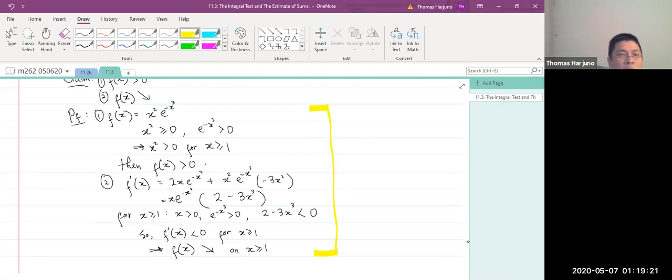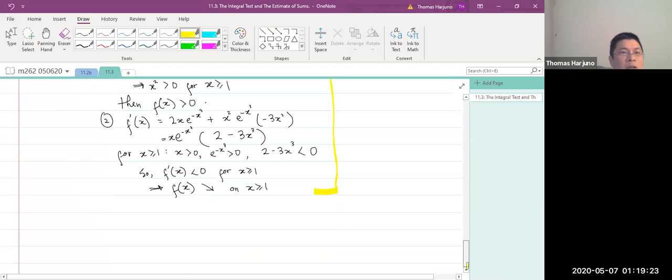Okay, now once we are done with that claim, we go on with the integral test. Now, the integral from 1 to infinity of x squared e to the negative x cubed dx, don't forget this involves infinity, so I need to use an improper integral.